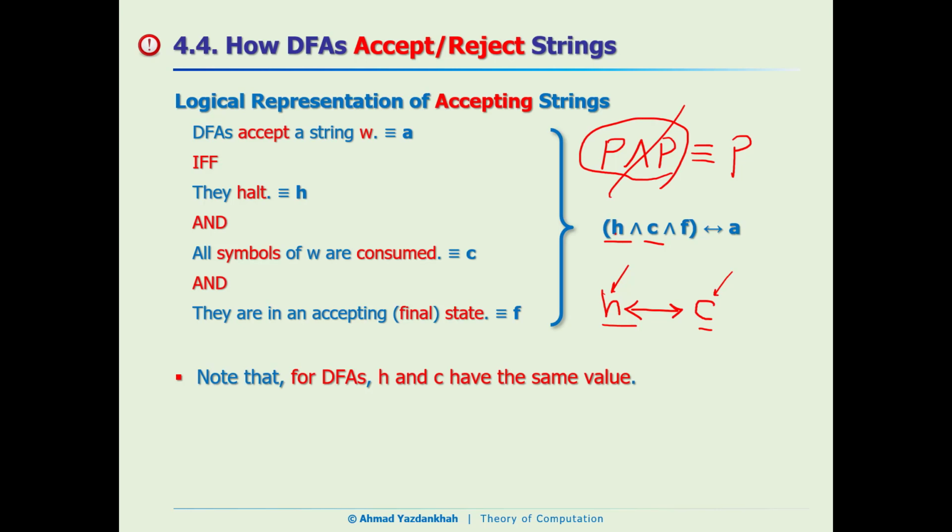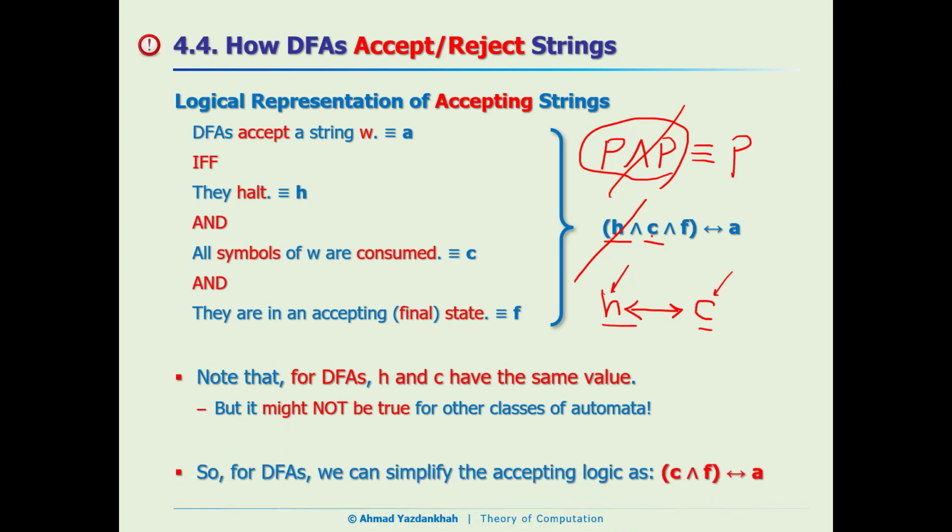So H and C have the same values, and we can remove one of them, say H. In this case, we can simplify the accepting logical statement like this. When a string is accepted, we now have two conditions: all of the symbols are consumed and the machine stops in a final state.